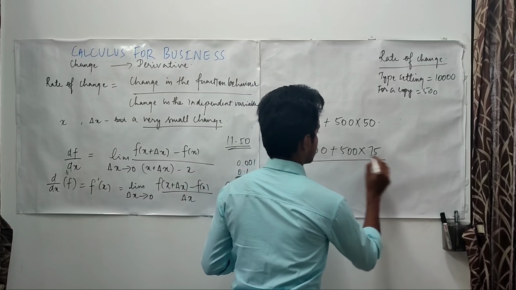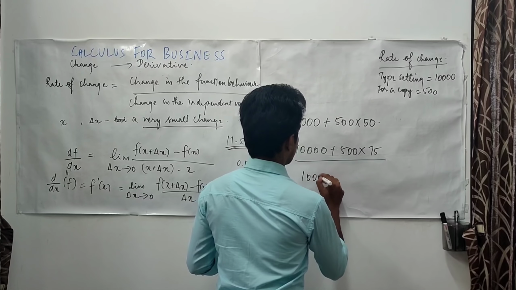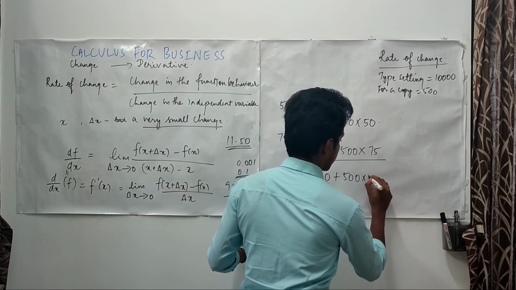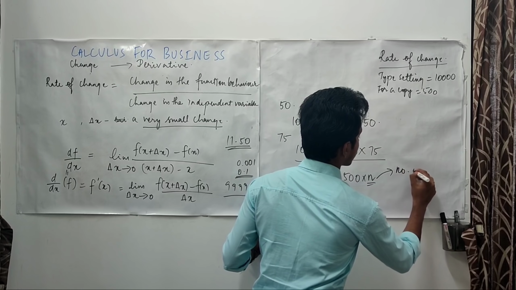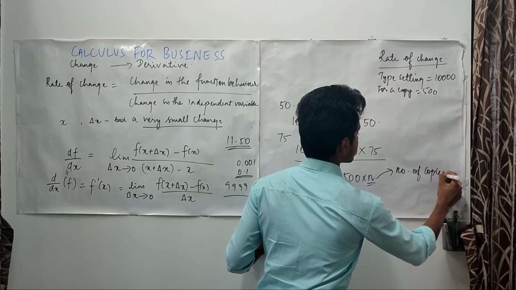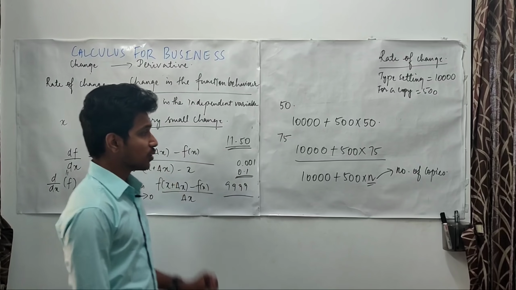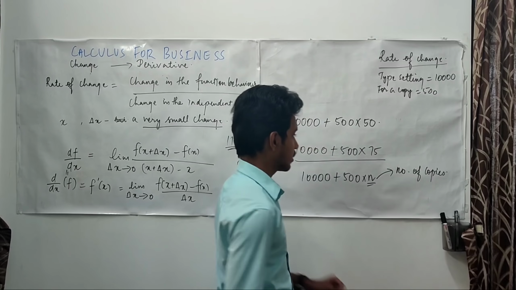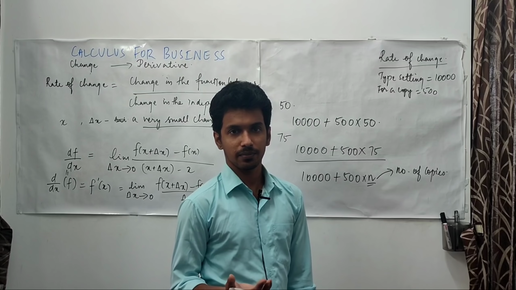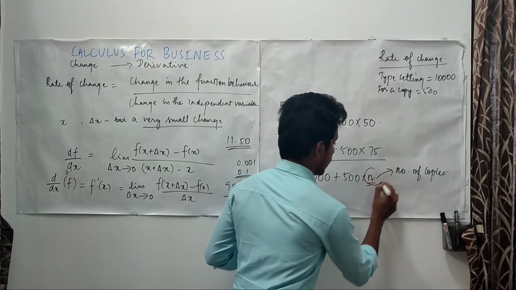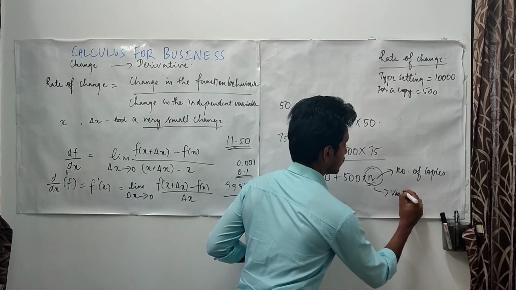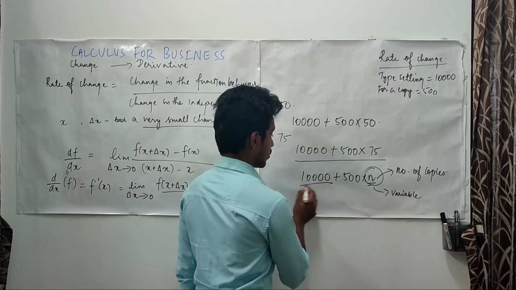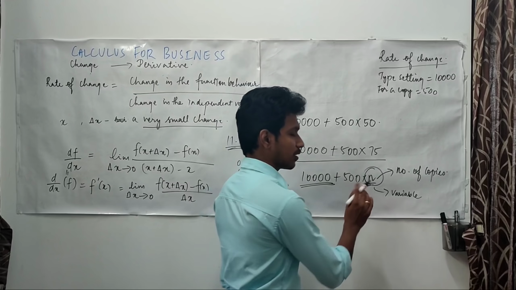In this case, this may be generalized as 10,000 plus 500 times the number of copies. Let us take n to be the number of copies. Depending on the situation and the requirements, the number of copies may vary. So here the number of copies is a variable, whereas this 500 is a constant.